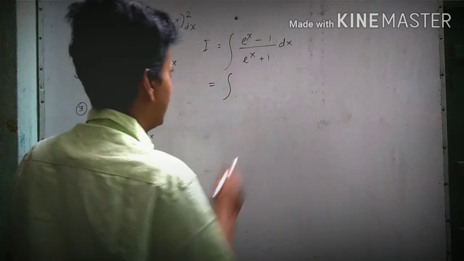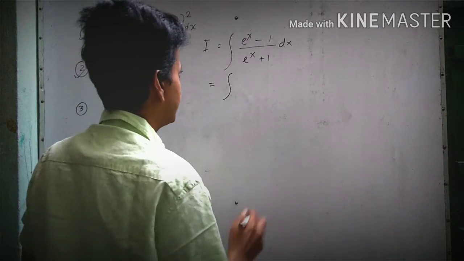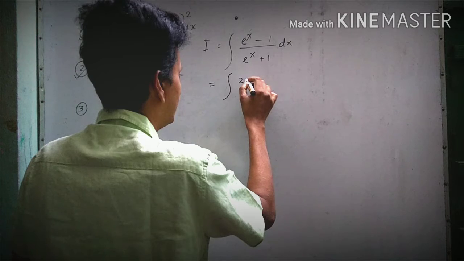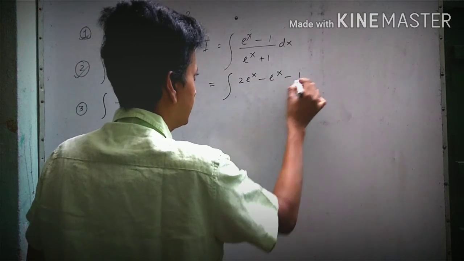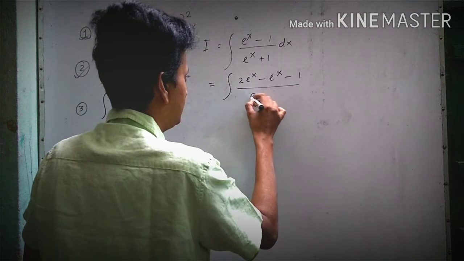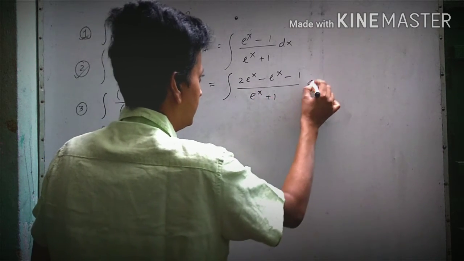We can write the above expression as 2 into e to the power x minus (e to the power x minus 1) by (e to the power x plus 1) dx.